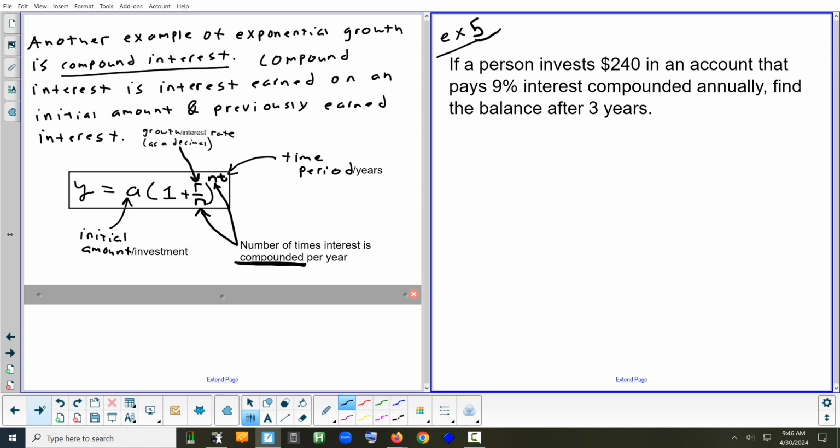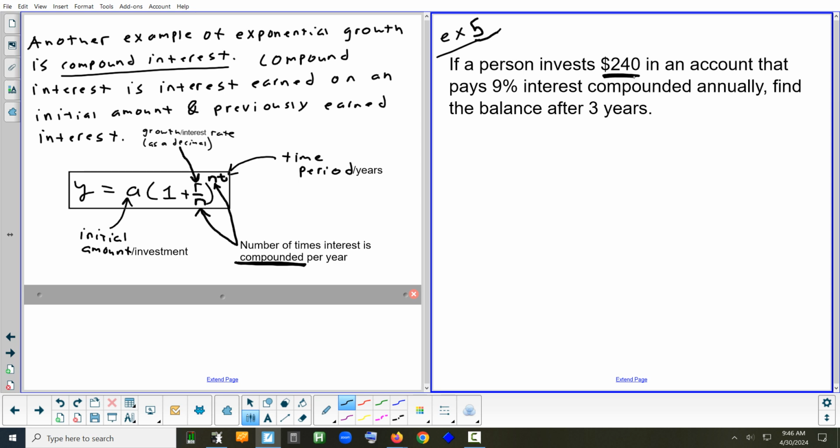And let's try this. As we read that problem, can somebody tell me something that's important in that problem? $240. Yes, that's very important. What letter do you think that's going to be?